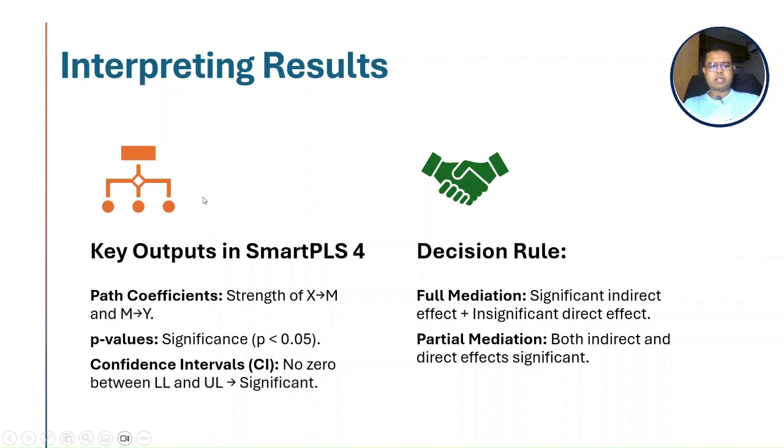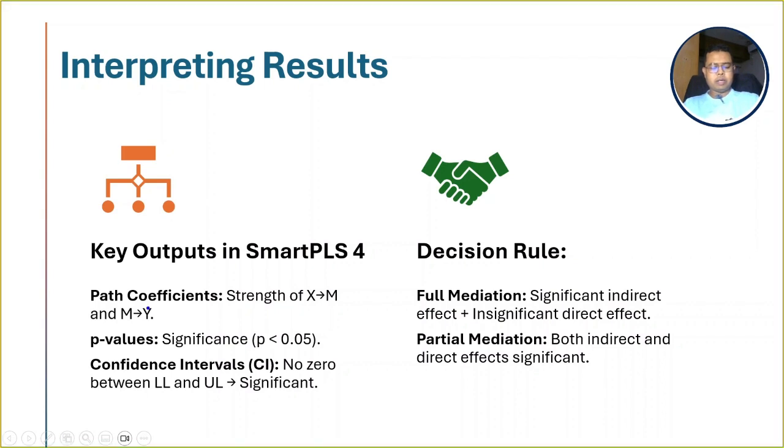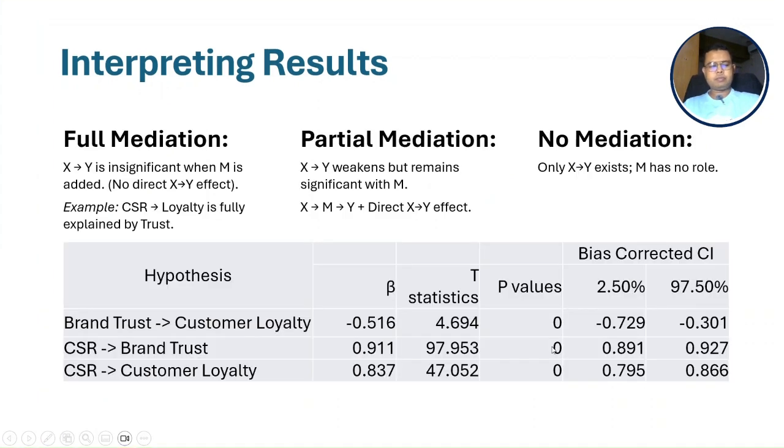When we interpret the result, first we look at the path coefficient, second the p-value, and third the bias-corrected confidence interval. And keep in mind, if there is no zero between the lower limit and upper limit, then it will be significant. So we can test full mediation and partial mediation. Moving next, here is the result.